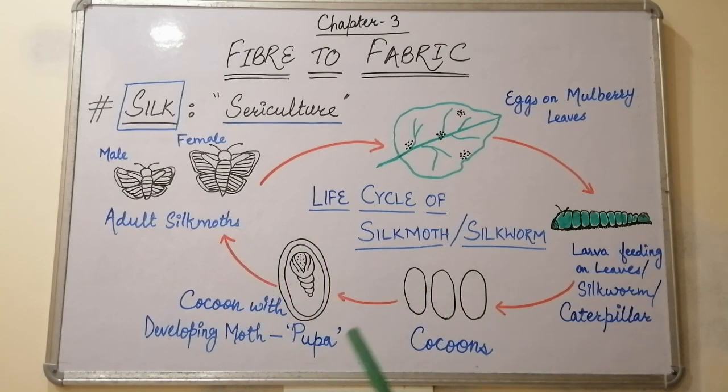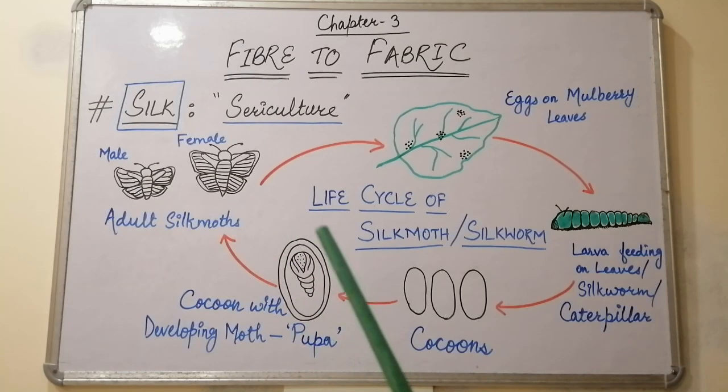Inside this cocoon, what is present? The developing moth, the larva which is going to convert into a moth with all its wings. It is developing inside the cocoon, and this structure is known as pupa. You can say the transition between silk moth and caterpillar is known as pupa, where the wings are developing.